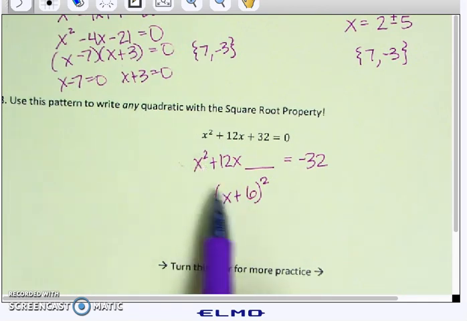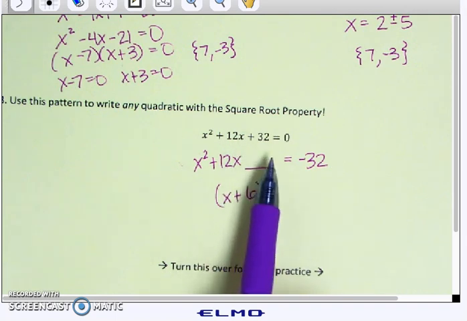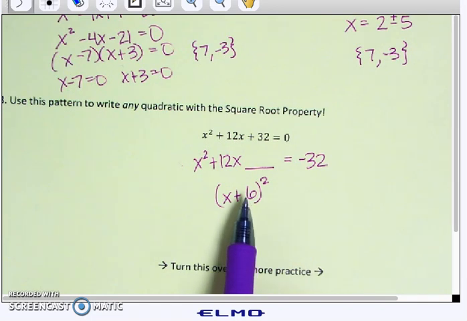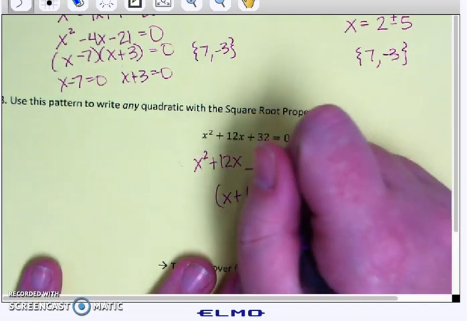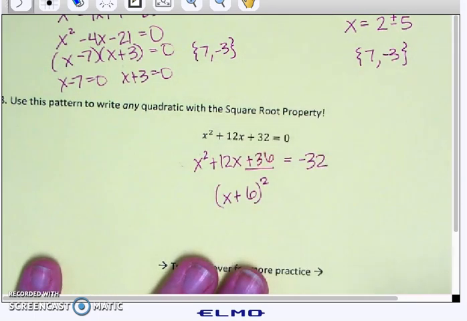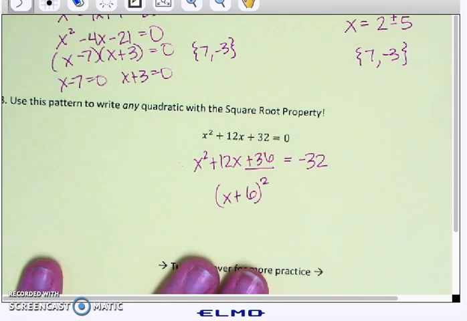Now that I know what the perfect square binomial looks like, I can work backwards and figure out what would have to go in this spot. x plus 6 times x plus 6 would be x squared plus 12x plus 36. So this number squared would go back up here.